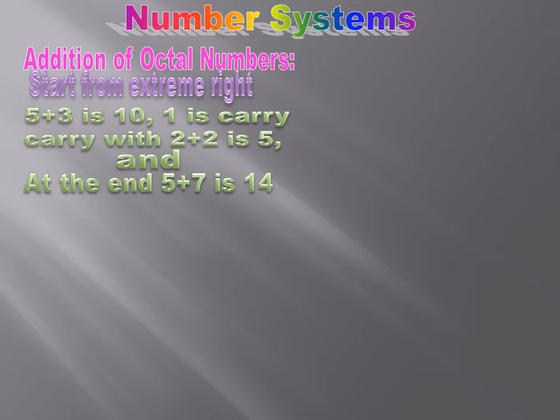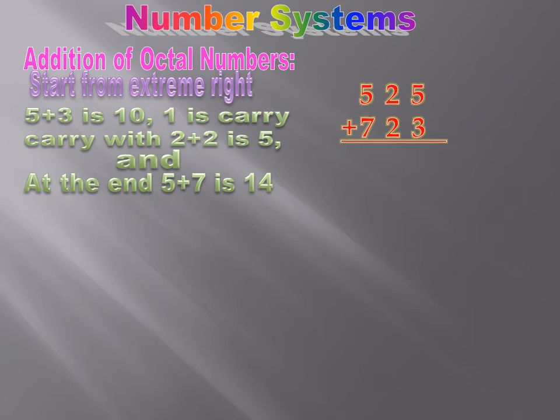Now let's take the addition of octal numbers. In the addition of octal numbers, this is a system of 8 digits from 0 to 7. So whenever we make additions, we have to consider that we only have 8 digits available, from 0 to 7. Let's take an example.